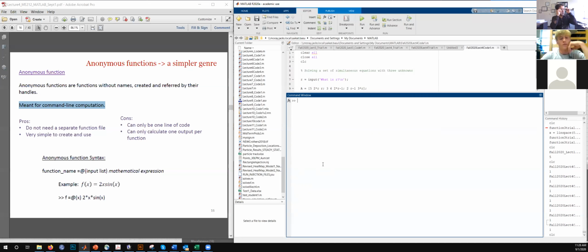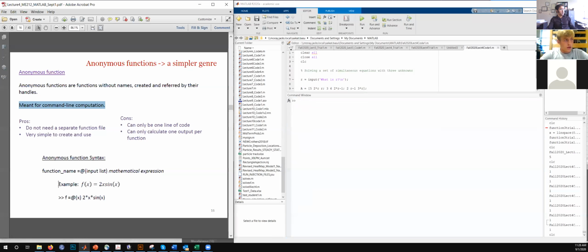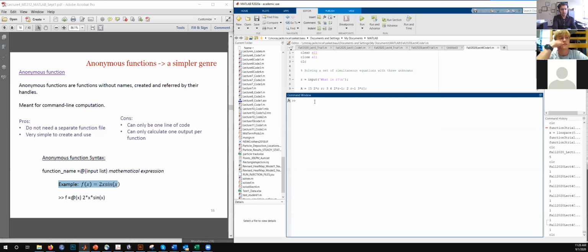So here in this example, we are trying to set up a function f(x), which is going to evaluate 2x sine x. So let's see how we do that. And this is examples on anonymous functions, which are meant for command line computations.